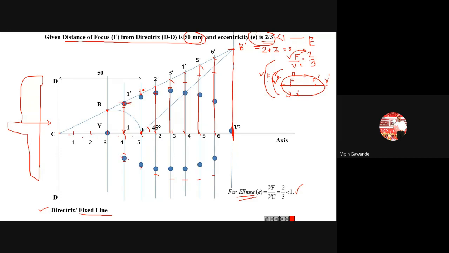So take F and A dash distance in compass, mark above and below from F. Then take 2 dash distance in compass, F center, cut the 2 dash line above and below the axis.